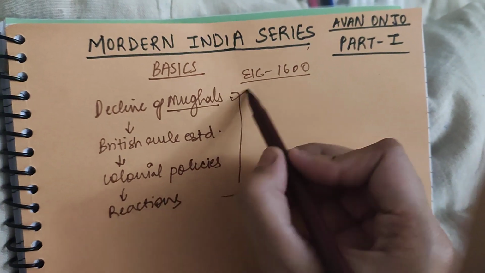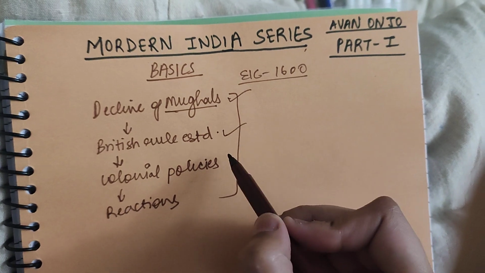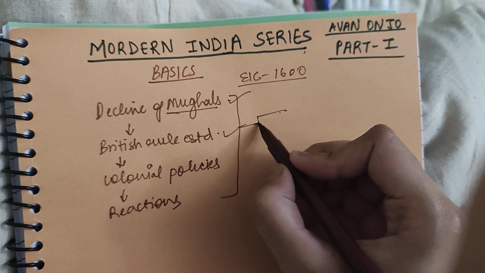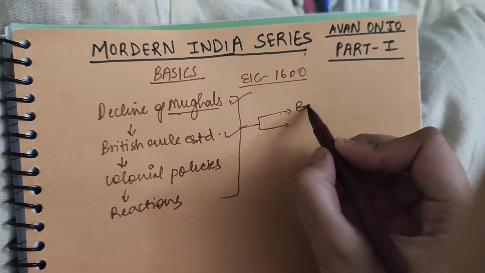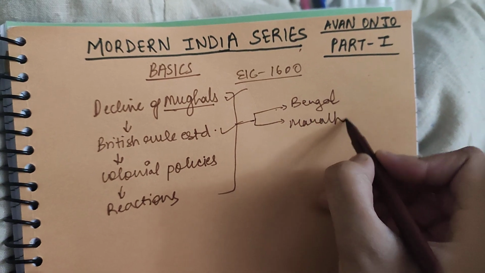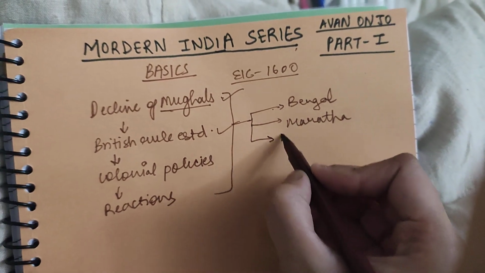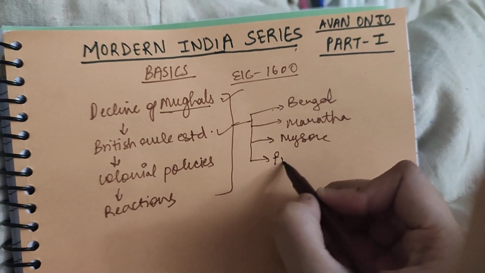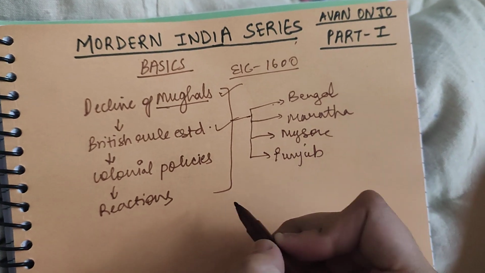First we are going to study the decline of the Mughals, then how British rule was established, where we had certain wars like the Bengal War, the Maratha War, the Mysore War, and the Punjab Wars. We are going to study all of them.